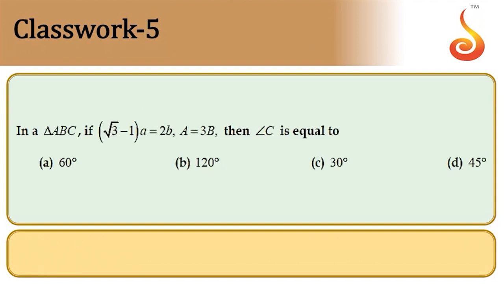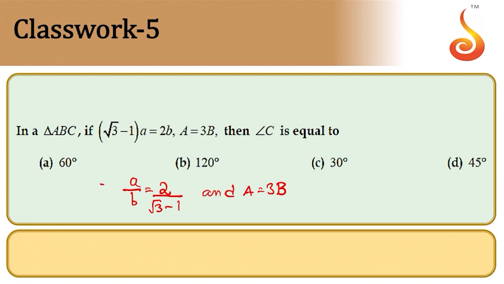Example 5. In triangle ABC, (root 3 minus 1) A equal to 2B, A equal to 3B, angle C is equal to. In this case, you take A by B, A by B is equal to 2 by root 3 minus 1. And A equal to 3B is given to you.